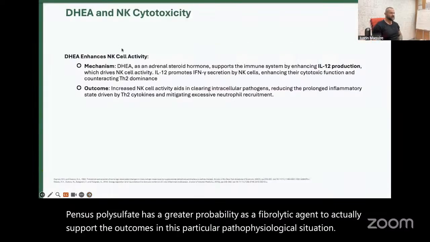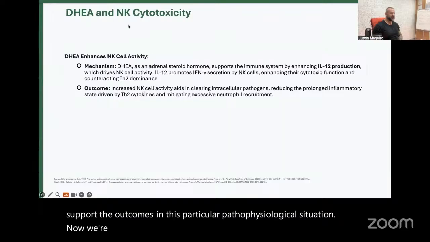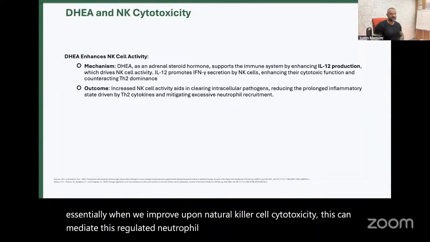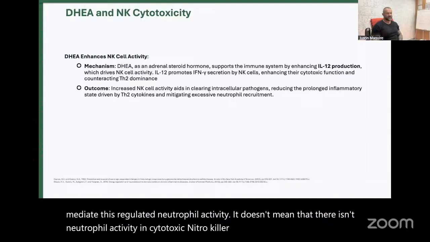Now we're going into DHEA and natural killer cell cytotoxicity. Essentially, when we improve natural killer cell cytotoxicity, this can mediate dysregulated neutrophil activity. It doesn't mean that there isn't neutrophil activity in cytotoxic natural killer cell activity. It often happens in concert.